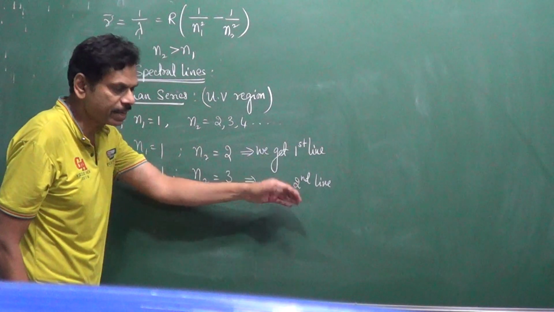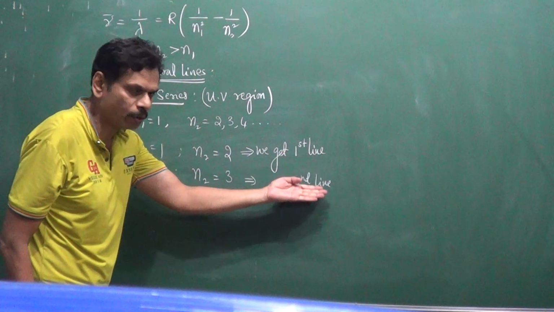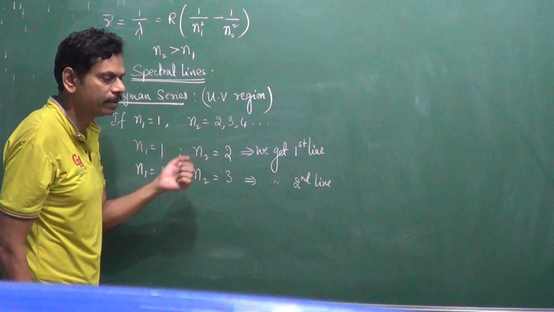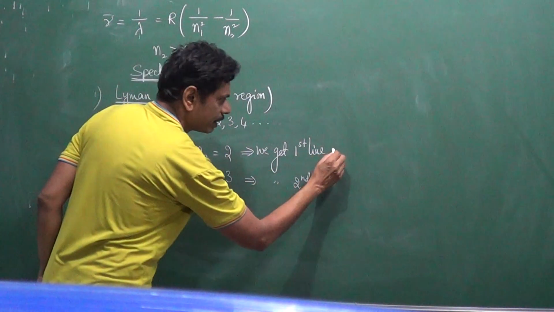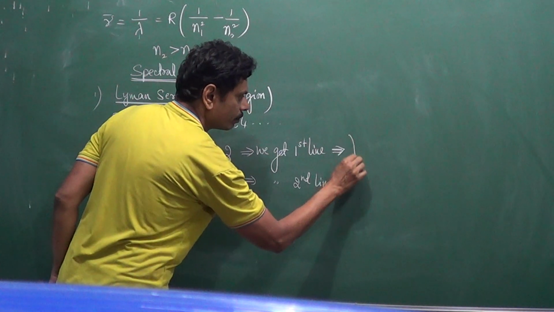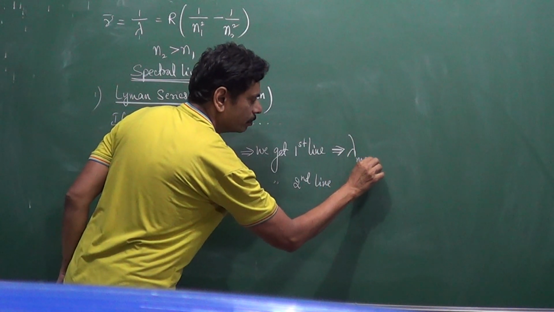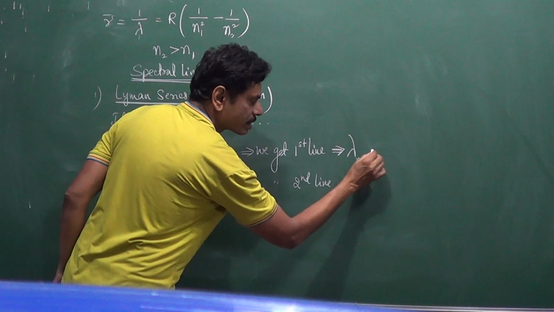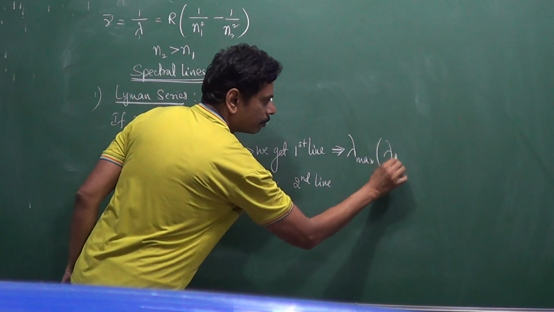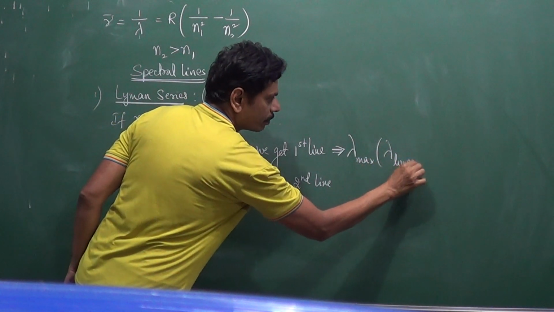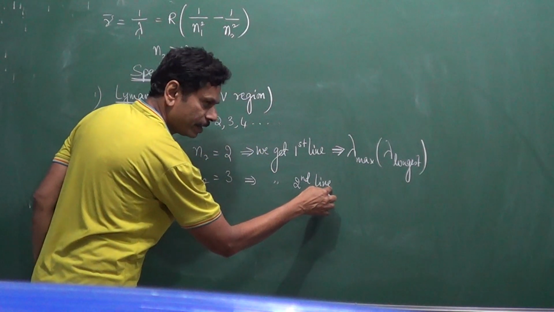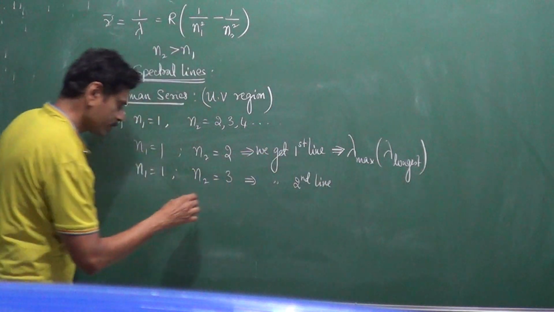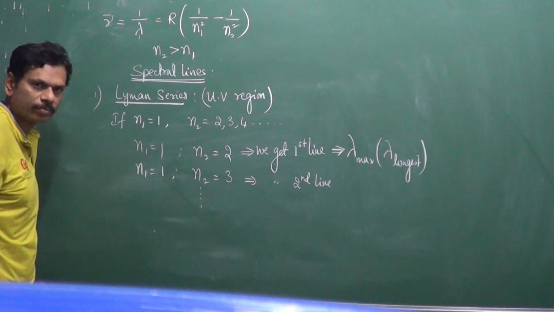As the energy goes on increasing, the wavelength must go on decreasing. So this one has the longest wavelength, lambda longest, but this one has comparatively a shorter wavelength. Next one, like this we can go further.